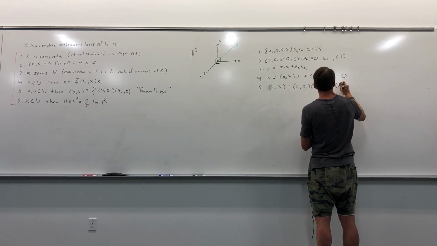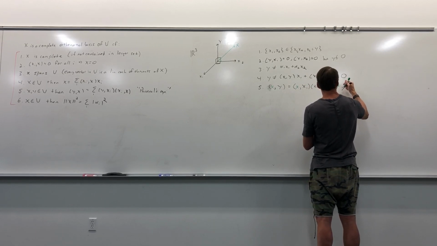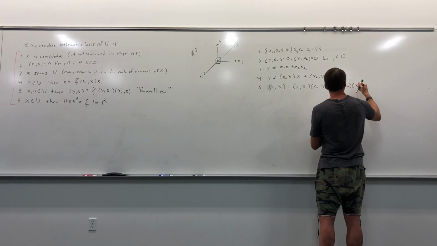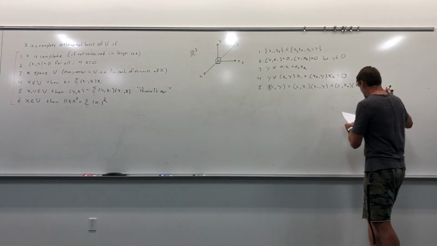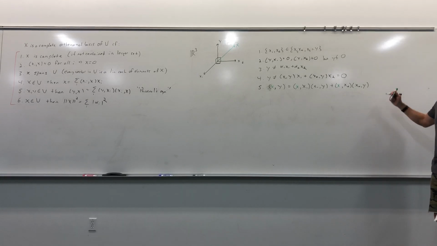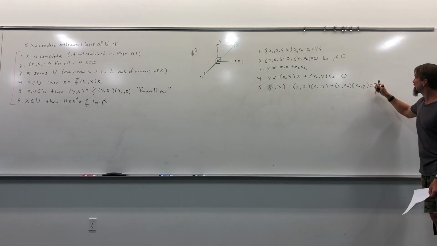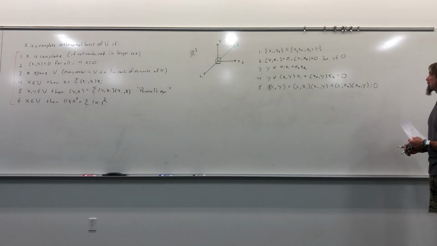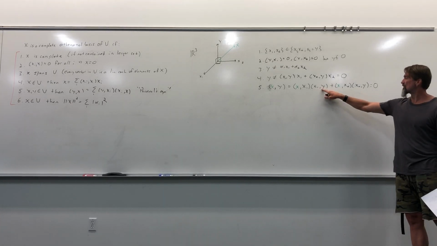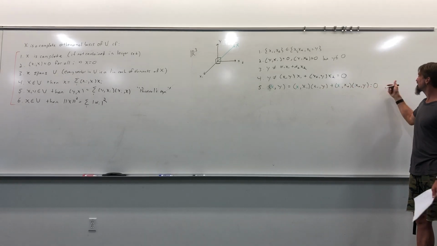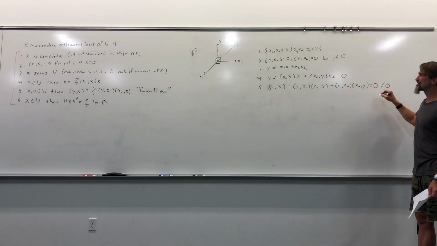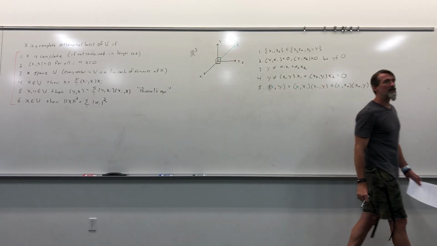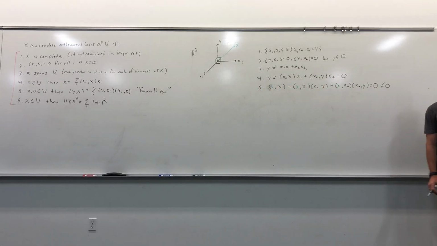I'm glad I'm having fun, because I don't want you guys to feel left out. Okay. This equals 0 because (x1, y) is 0, (x2, y) is 0. Well, wait, this doesn't equal 0, because x and y are not orthogonal. Okay.